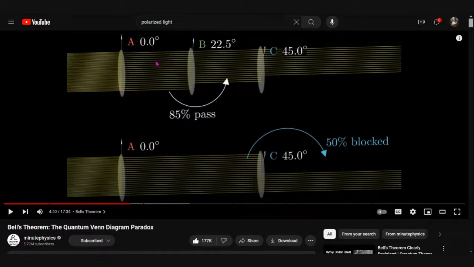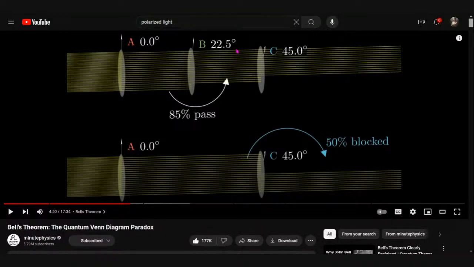Whatever the distribution is, whatever the number of people is, now you're 0. Of all these guys that are all 0, I'm now sending it to 22.5 degrees, so 85% pass.